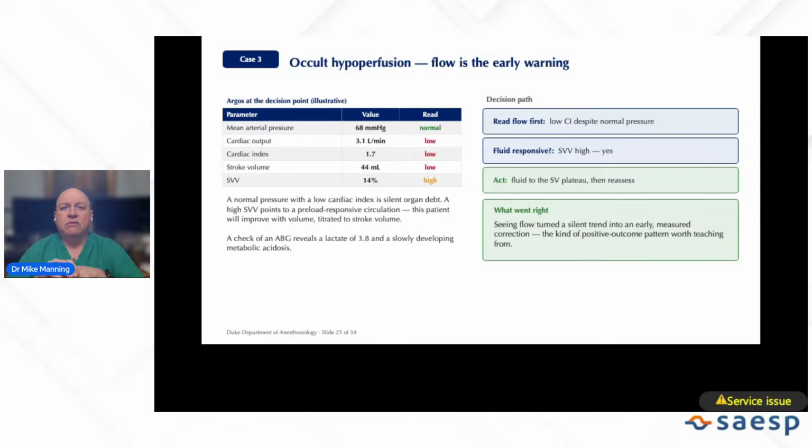The cardiac index was starting to drift down to 1.7, and the stroke volume had drifted down as well. Stroke volume variation was creeping up high. And so what we saw was that the flow was slowly trending down and needed some fluid. A check on the ABG before we started giving some blood and some volume showed a lactate of 3.8 and a slowly developing metabolic acidosis.